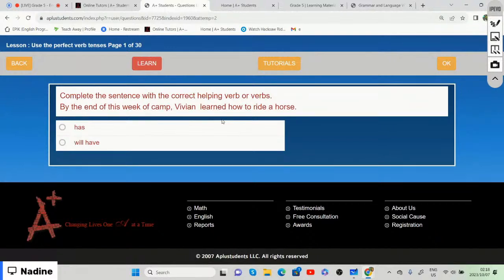So do we say Vivian has learned how to ride a horse or will have learned how to ride a horse? We need to choose the correct helping verb to complete the sentence.